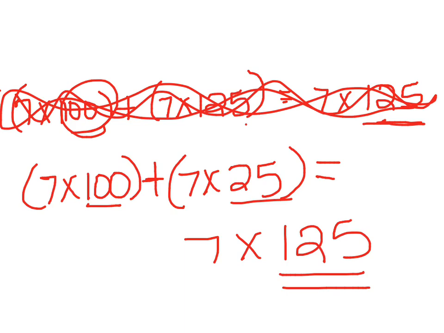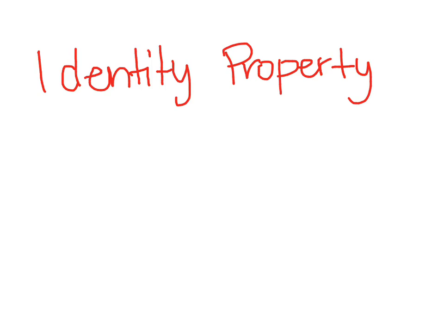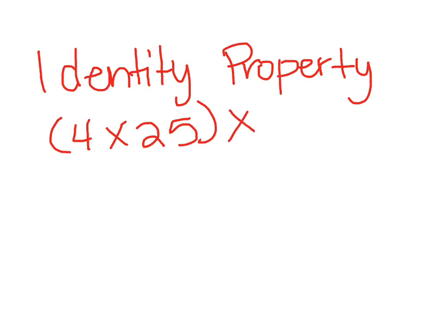Okay? All right. The next one is the identity property. Basically the identity property is just saying anything times 1 is that number. So if I was to say 4 times 25 times 1, my number would be 100.